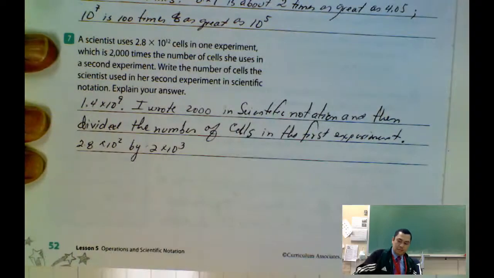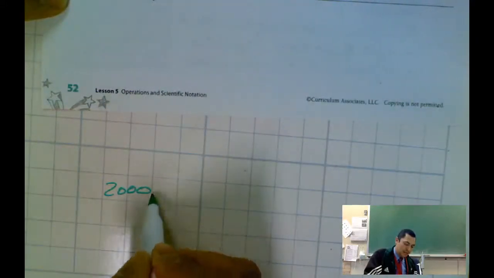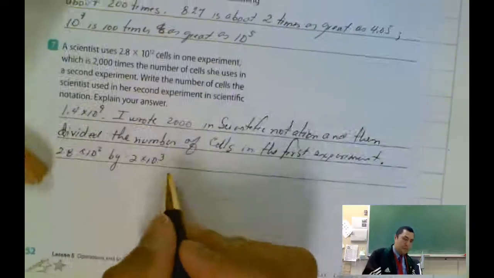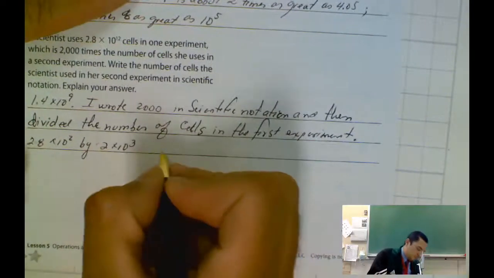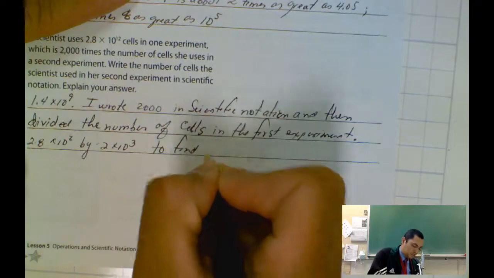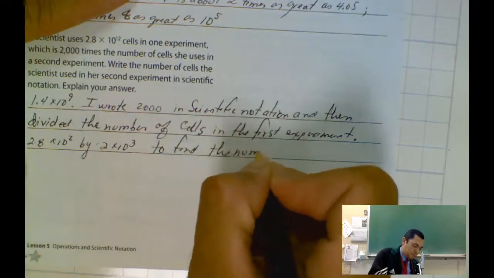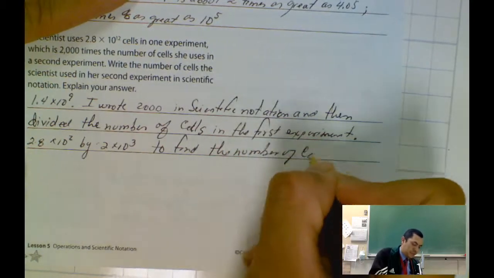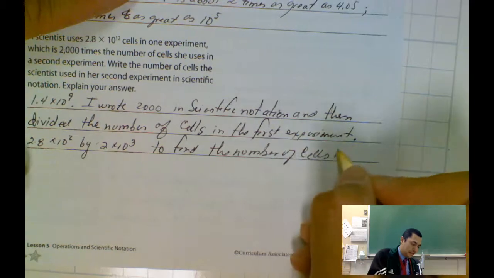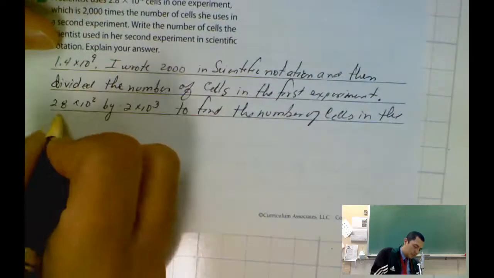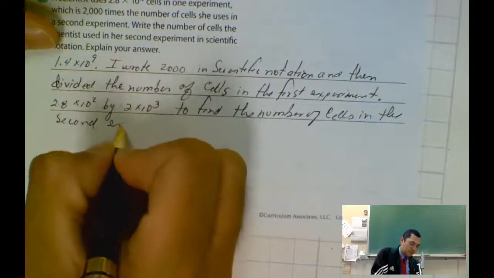Remember that 2 times 10 to the 3 is 2,000. So 2,000, if you count 1, 2, 3, is 2 times 10 to the third power. So I divide it by 2 times 10 to the 3 to find the number of cells in the second experiment.